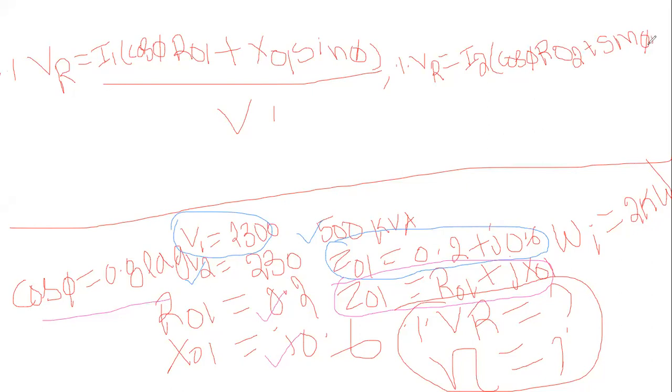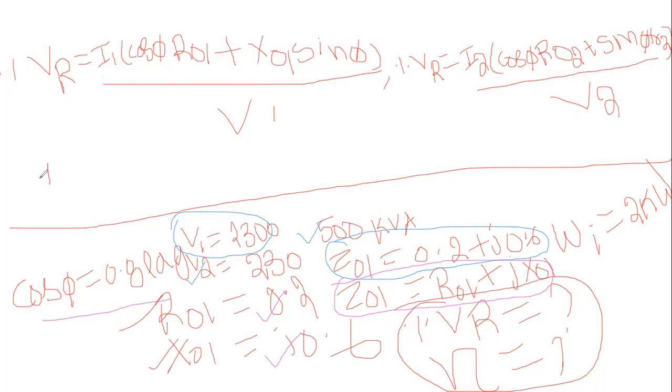Normally we have plus or minus: positive for lagging power factor, negative for leading. But in this case, we know R01 and X01, so we use the first formula.